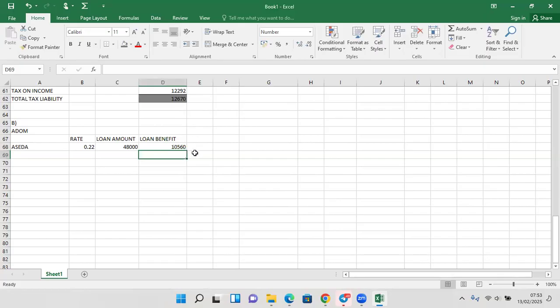But the law is saying that when there is a loan benefit, 25% of it is going to be taxed. That is the tax liability, or tax on loan benefits.